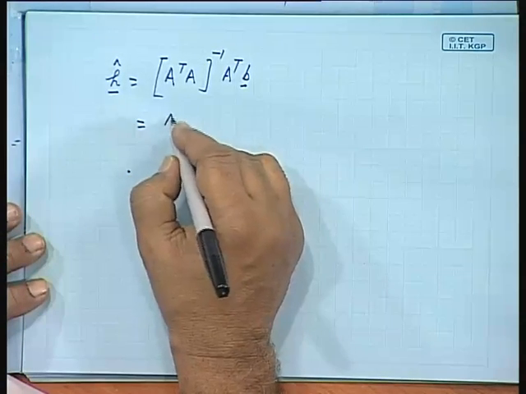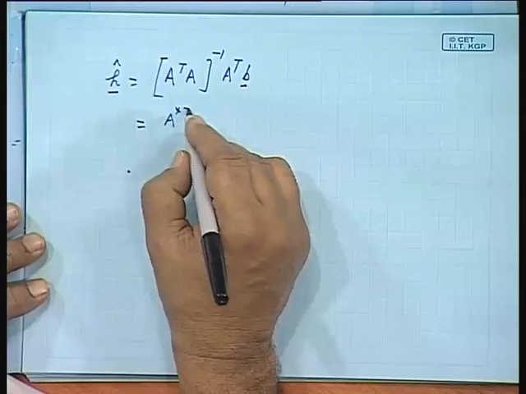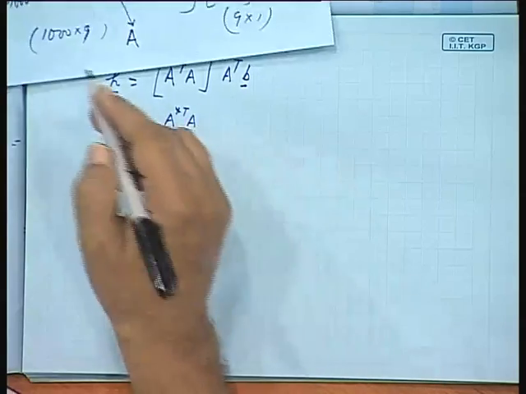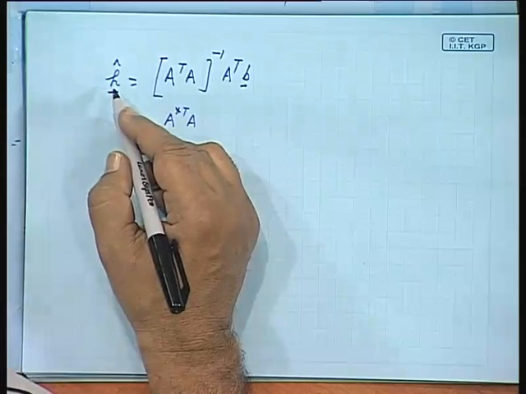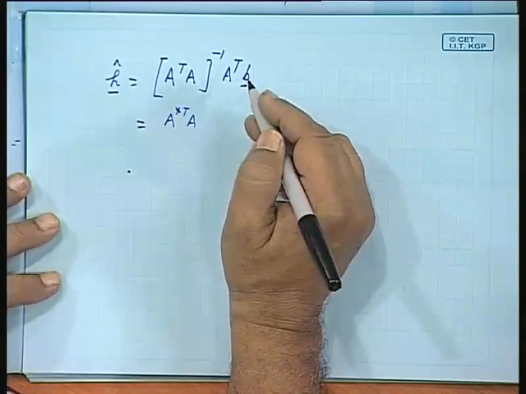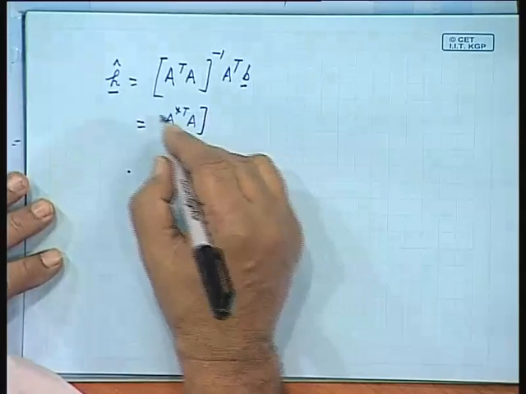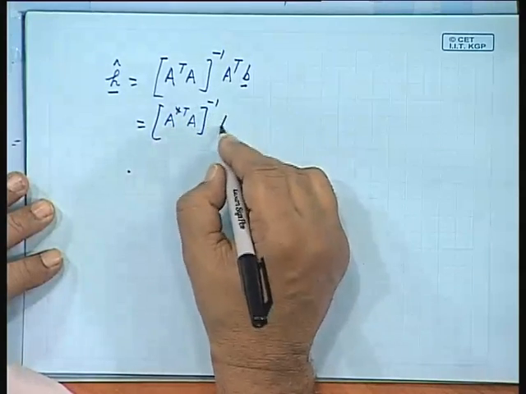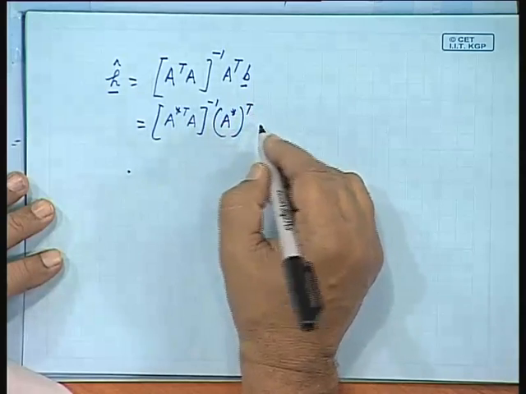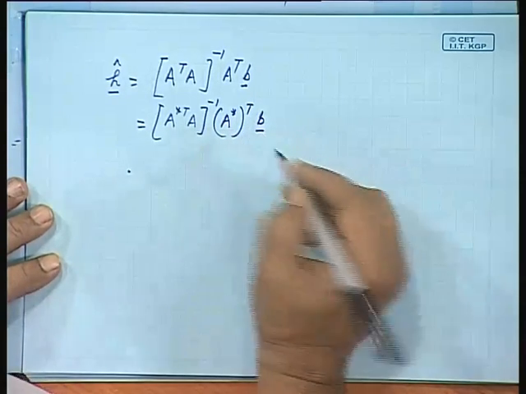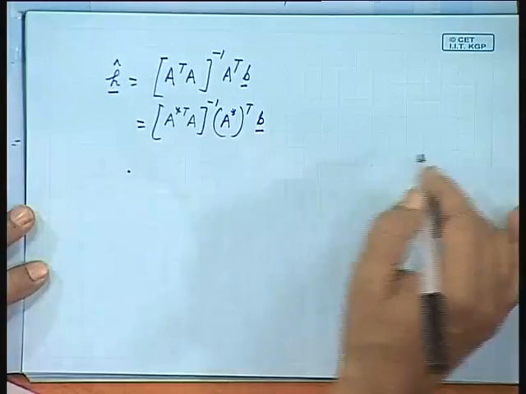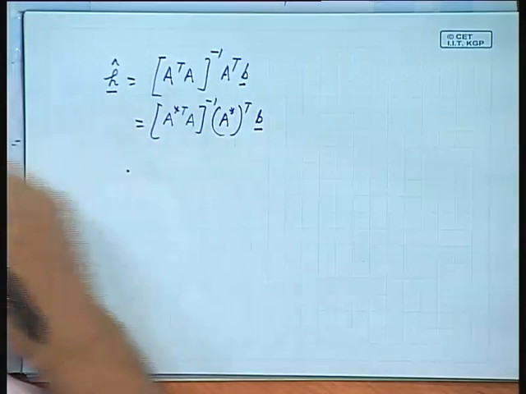Had it been a normal real matrix, the best possible solution for H is A transpose A whole inverse A transpose B. When A is complex, it will be A star transpose A; otherwise, you take the conjugate of A and then this. So, this will give you the elements of H.